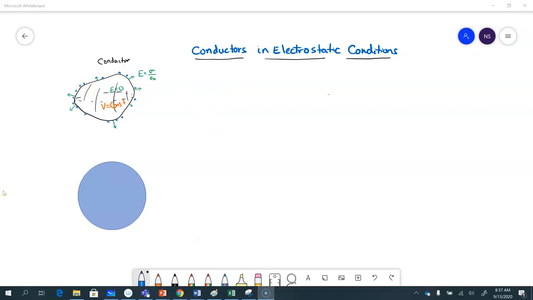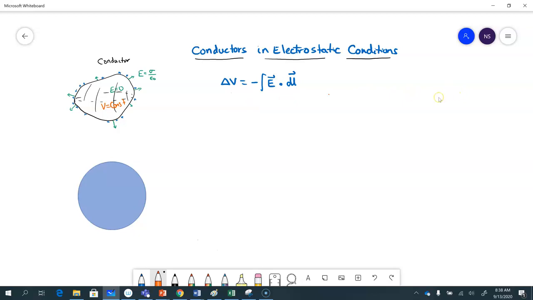So since we have the expression delta V is equal to negative integral E dot dl going from one place to another, we see that if, say, for example, I put some charge on the conductor, and you've got a charge that distributes in a certain way, and then I've got a test charge that I'm bringing from infinity.